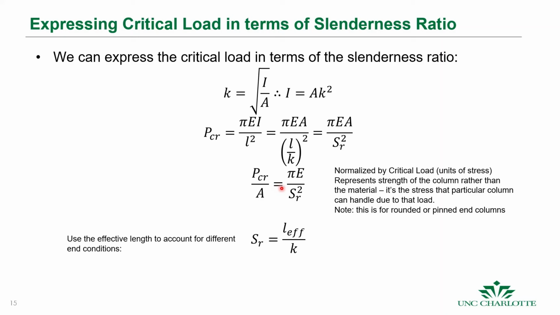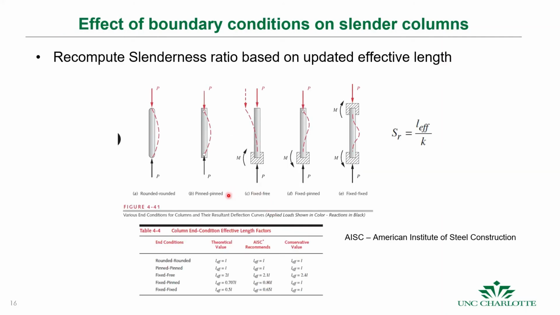Now, fortunately, some people have helped us out, and they have found different boundary conditions for different situations, so we can calculate the slenderness ratio in terms of the effective length over the radius of gyration. Those effective lengths are given here in this table. The American Institute of Steel Construction gives these recommended values. For our purposes, we say these are even more conservative, so why don't we just use these? This is recommended by Norton in the book based upon the different boundary conditions.